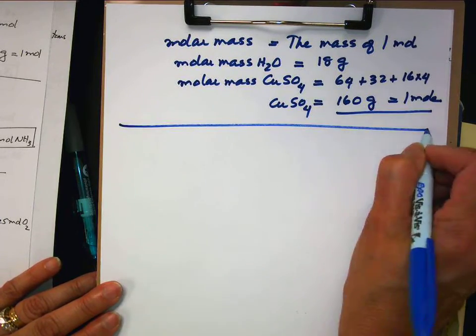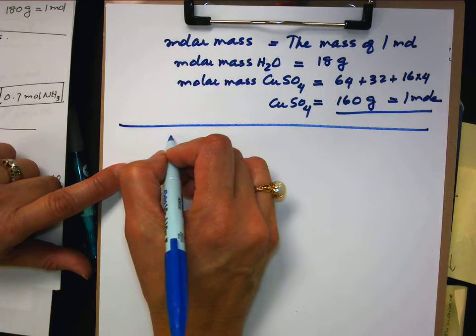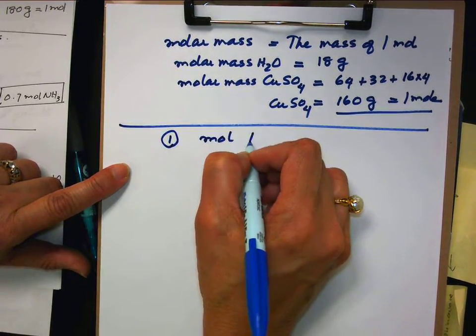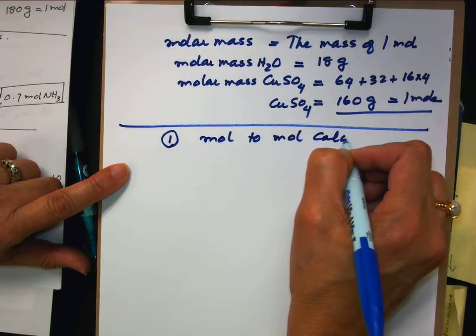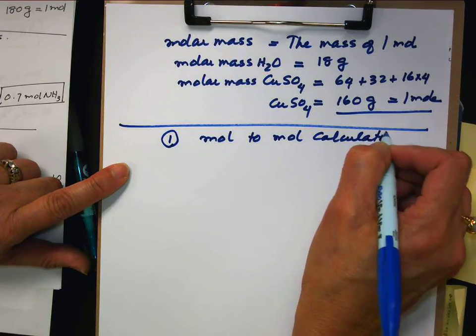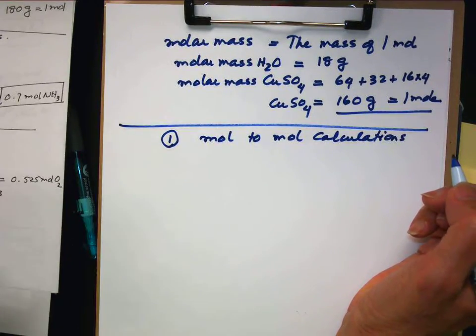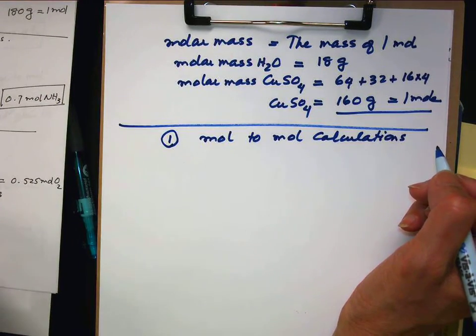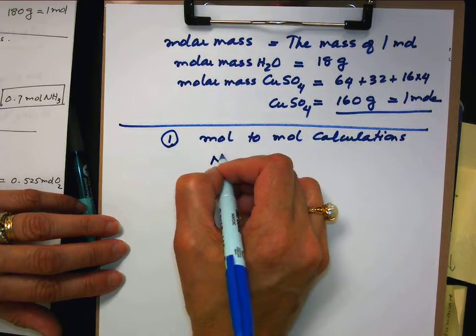So let's go and do the mole to mole conversion first. Number 1, mole to mole calculations. So let's think about one kind of mole changing to another kind of mole. What will you need? You need an equation.